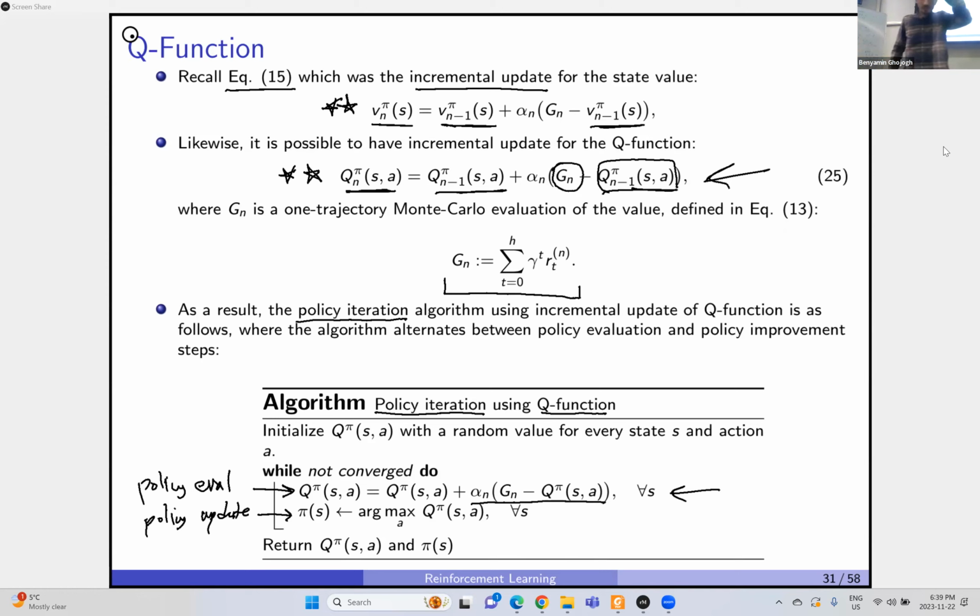Do you remember policy iteration using value V in the previous session? We evaluated using V, right? Now we are going to use Q function, so we evaluate using Q. The greater the Q, the greater the reward, the better the policy.